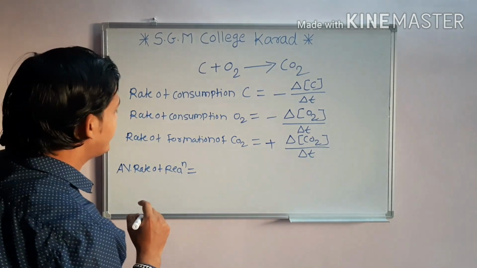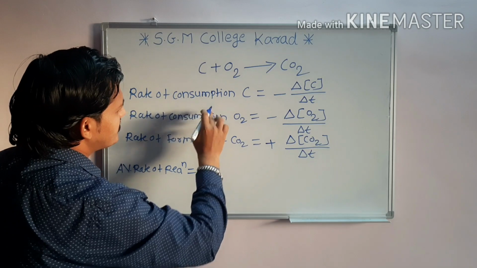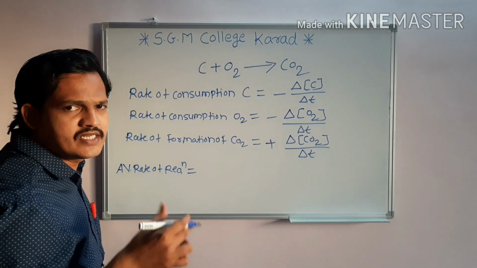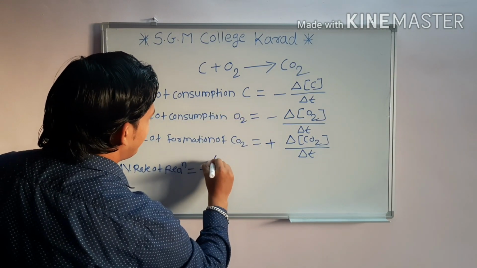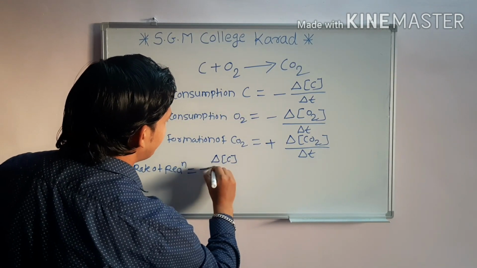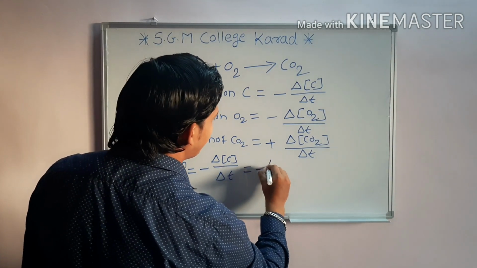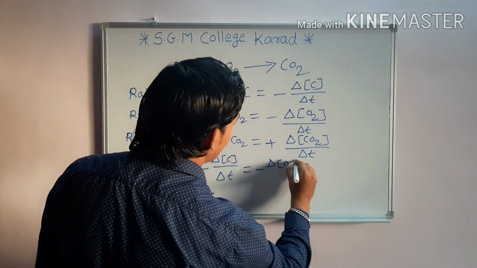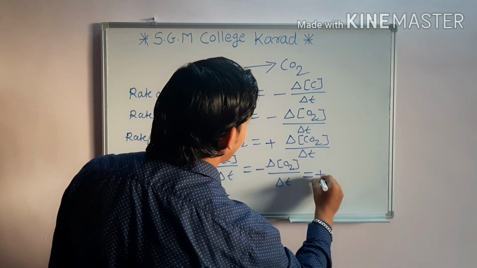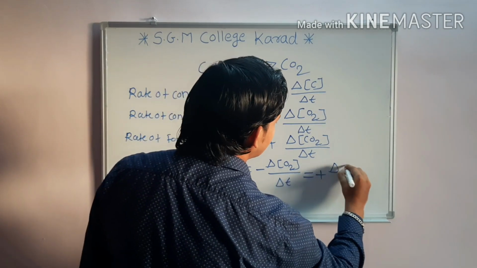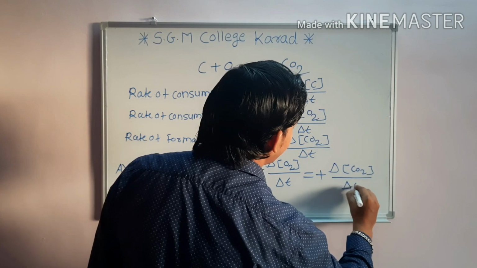Now listen carefully. For the average rate of reaction, you can just add consumption of reactant and formation of product in equal manner. That is, minus del in bracket C divided by del T is equal to minus del in bracket O2 divided by del T is equal to plus del CO2 divided by del T.